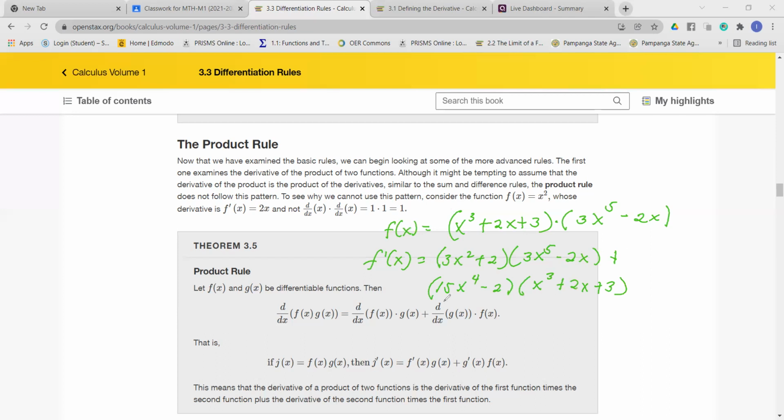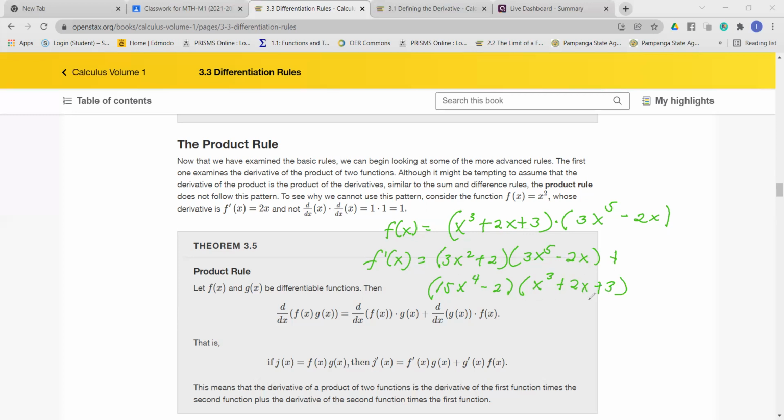Or pwede rin naman na baliktad, pwede mauna ito, tapos multiply. Kasi ito, this is addition, therefore, pwede naman na maging commutative. So we're following commutative property of addition. So pwede naman na the first times the derivative of the second plus second times the derivative of the first. But then, pwede naman na mauna muna yung derivative ng first times yung second plus yung derivative of the second times the first. Okay? Now, it will be like this. If, for example, hinihingi lang sa inyo is the derivative of the function, then you can write your answer in this way.